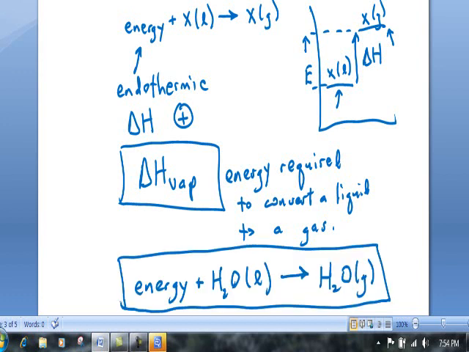In our lab exercise, the specific goal is for us to experimentally determine the value for delta H vap, the energy required to convert liquid water into gaseous water. Because water has fairly strong intermolecular attractive forces, since water can form hydrogen bonds, the amount of energy we'd expect to find here will be fairly high compared to other liquids with weaker intermolecular attractive forces.